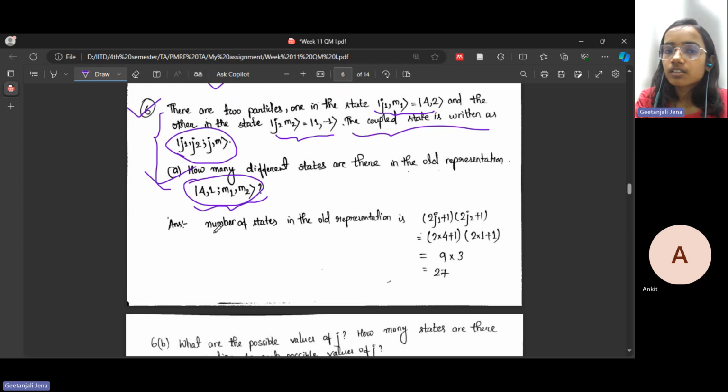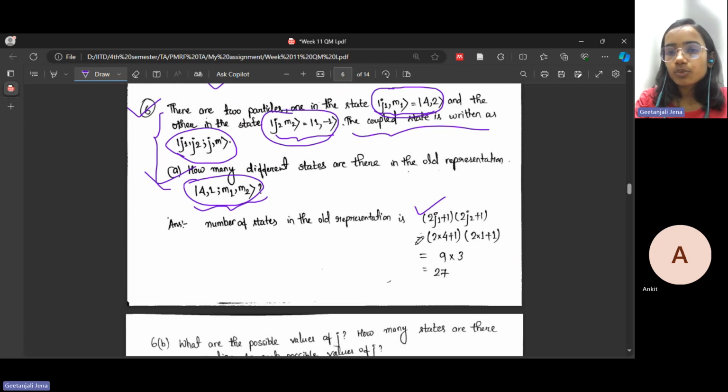So the number of states in the old representation, how can you calculate it? This will be equal to the multiplication of 2J1 plus 1 and 2J2 plus 1, right? J1 and J2 are already given. J1 is 4 here and J2 is 1 here.